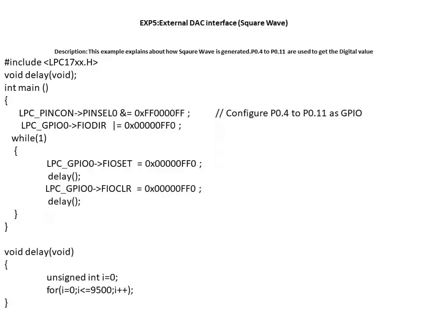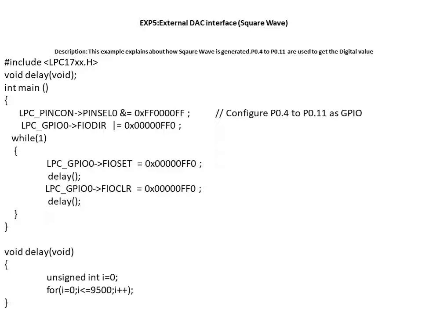Next statement, LPC_GPIO0 FIODIR ORing 0x00000FF0. It makes port 0 bit 4 to port 0 bit 11 output pins only. Then you have a continuous while(1) loop.